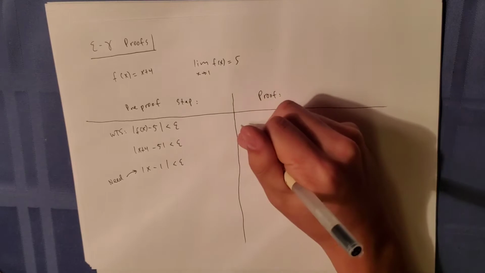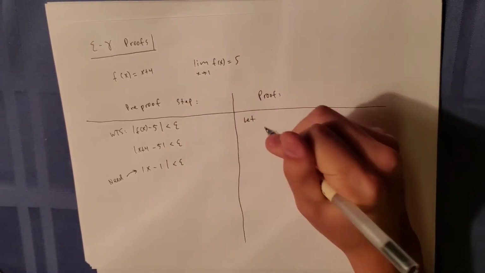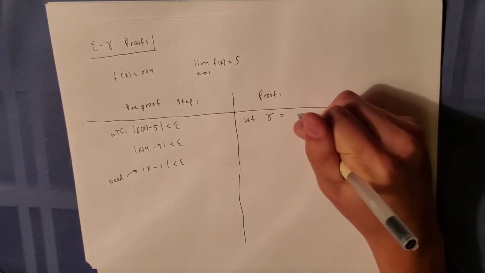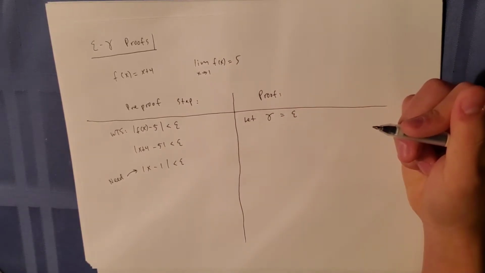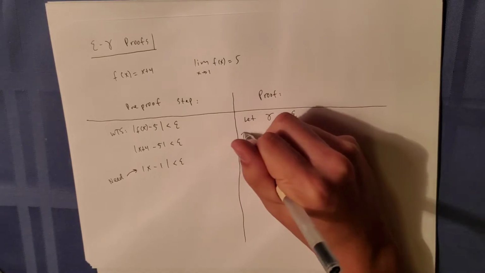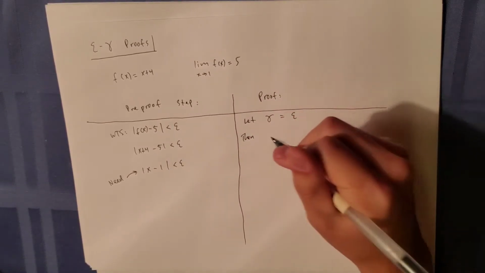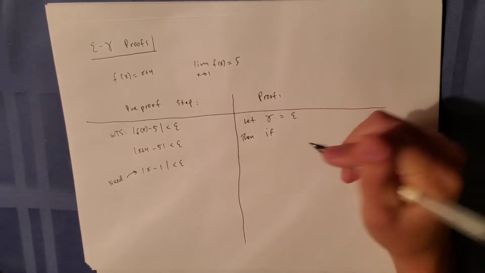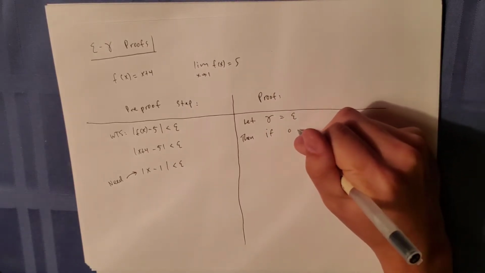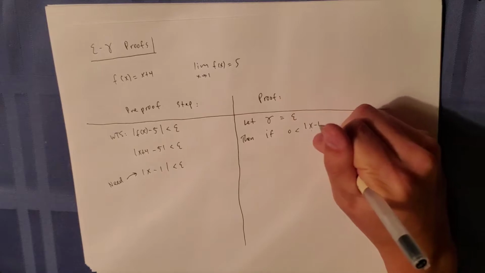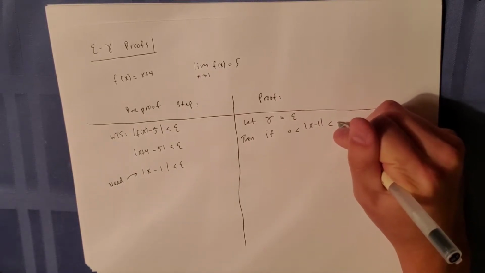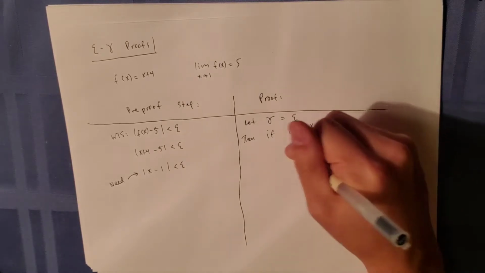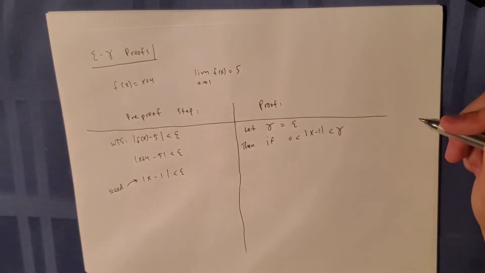So let delta equal epsilon. Then if we have 0 is less than the absolute value of x minus 1 is less than delta, this is given by the limit definition.